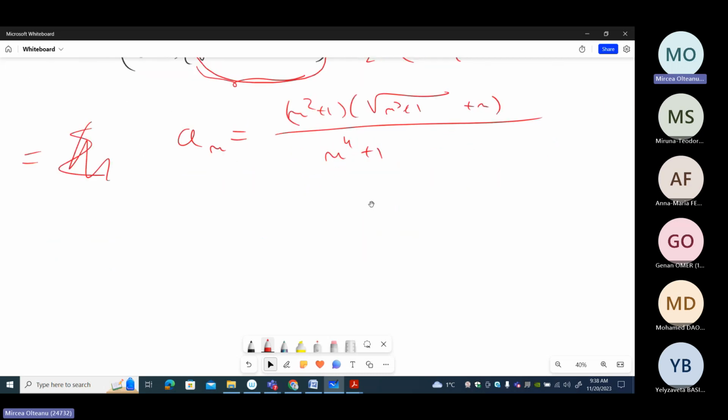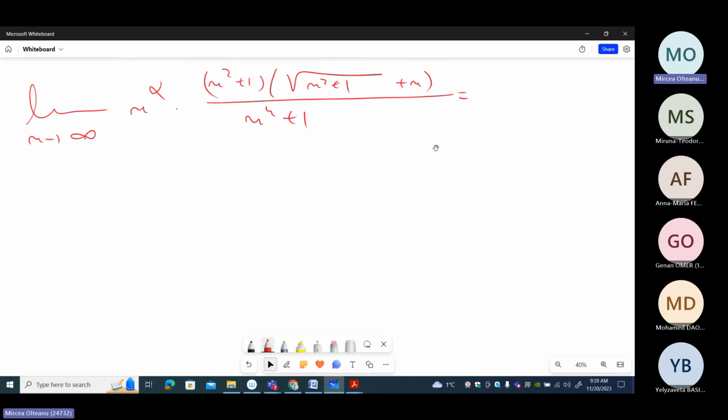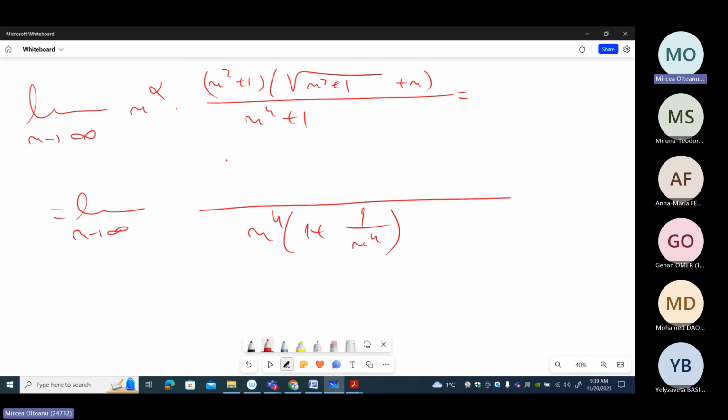We shall apply now the limit test. So we compute the limit when n tends to infinity of n at alpha times this one. Okay, so now the same story with the degrees. Now clearly below the maximum power is n at 4. Above we have n at alpha, okay, times. From this parenthesis we take off n squared times 1 plus 1 over n squared.